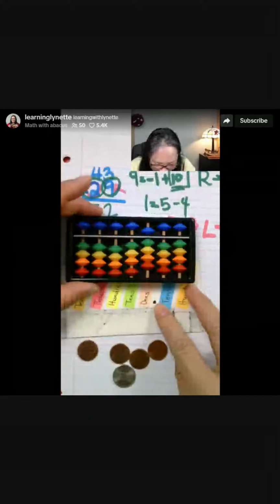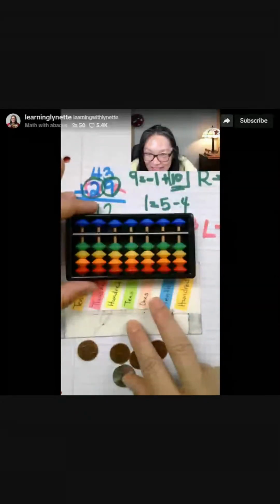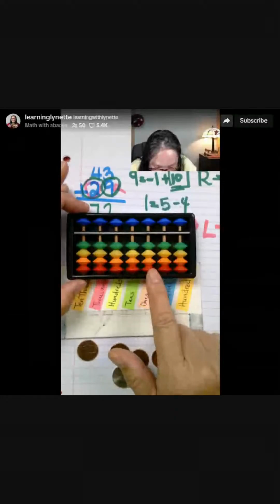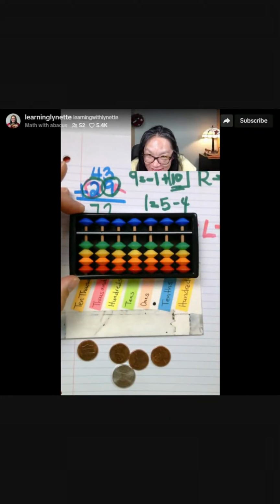So this is the other rows. So we have our ones, our tens, our hundreds, our thousands, and our 10,000. So when we're looking, we had 9. And then after 9, we have 10. 10 looks like this.